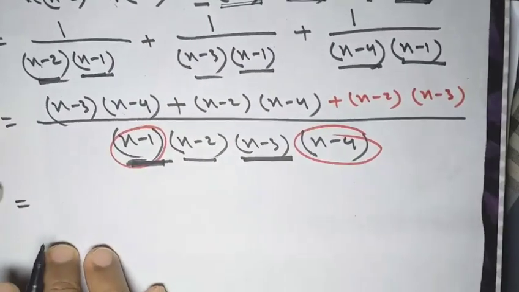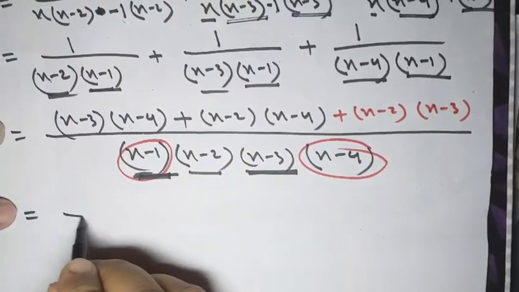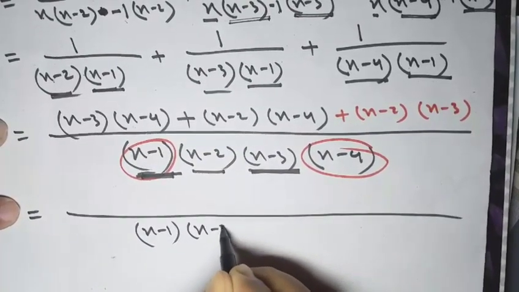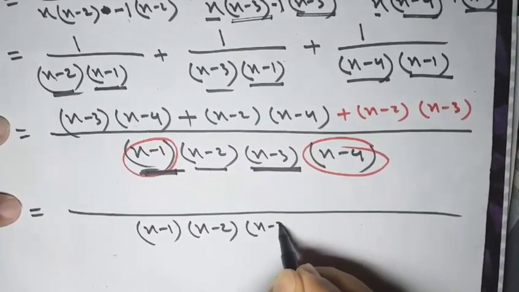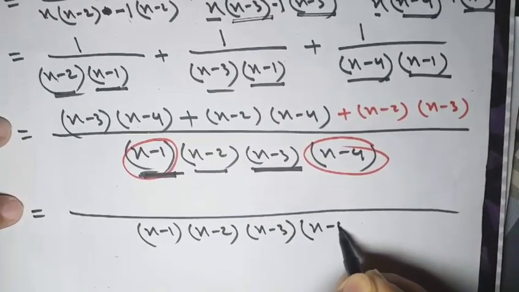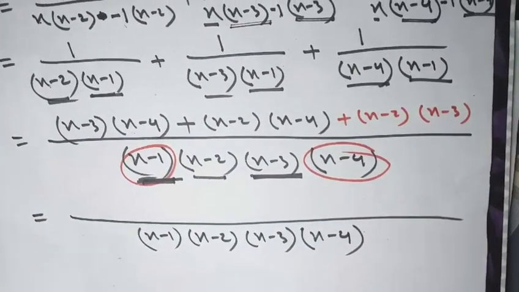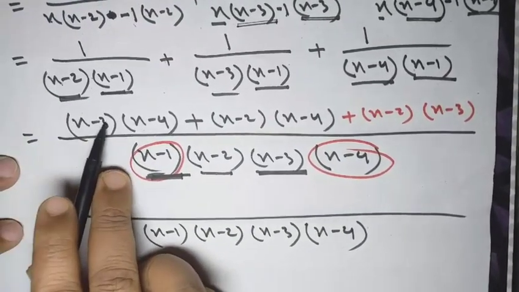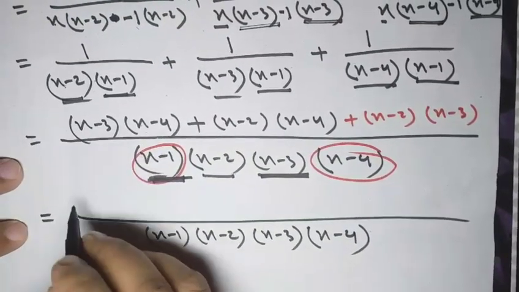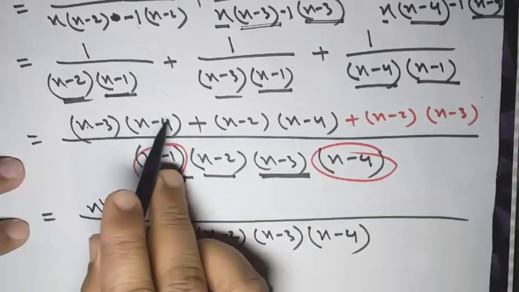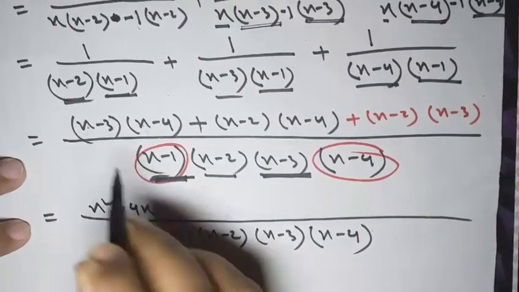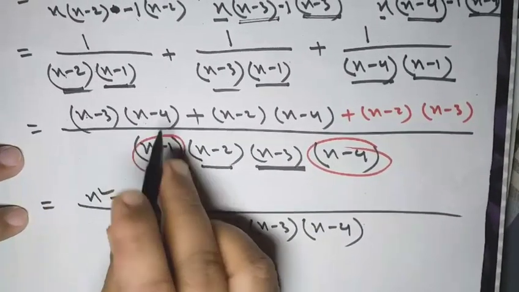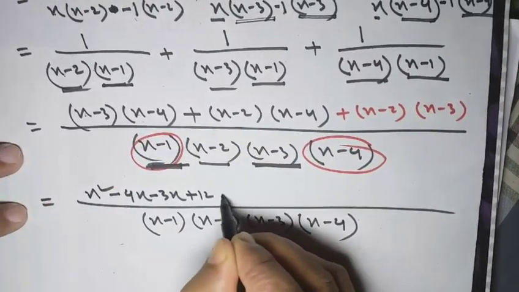Okay, first I will write the LCM: x minus 1, x minus 2, x minus 3 and x minus 4. Then we will multiply this 2 1 by x minus 3 and x minus 4. So x multiplied by x gives x square, x and minus 4 gives minus 4x, minus 3 and x gives minus 3x, and minus 3 and minus 4 gives plus 12.